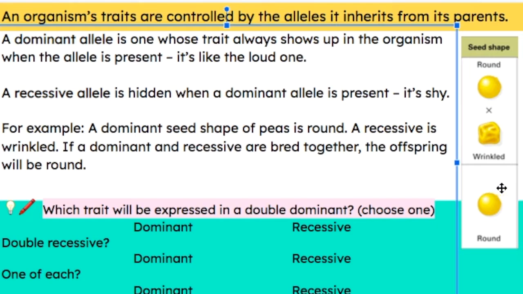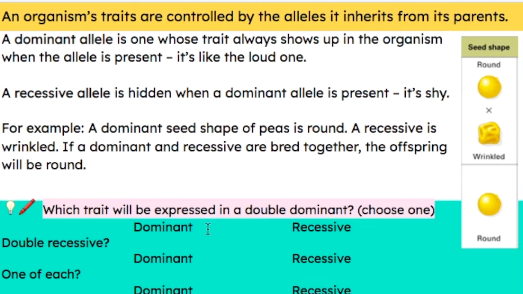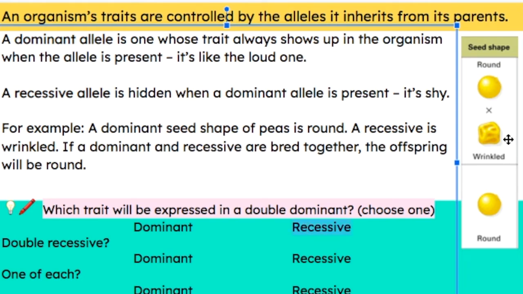So with these peas in this diagram, which trait will be expressed in a double dominant? Go ahead and circle one of these. If you breed together two round peas and that's the dominant trait, is that going to be dominant looking, or is it going to look recessive, wrinkled? If you breed two recessives together, two wrinkled peas, is it going to look dominant, be smooth, round, or is it going to look recessive?